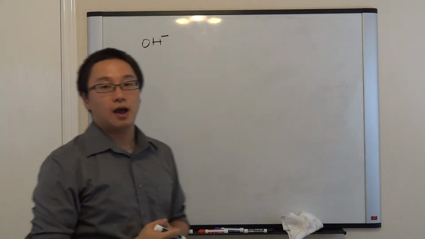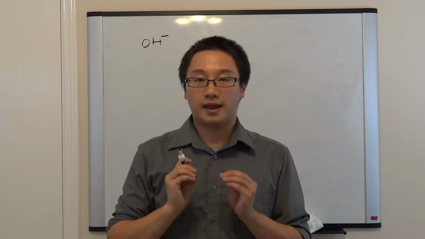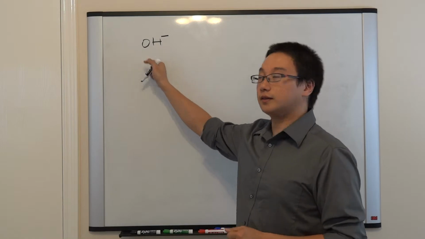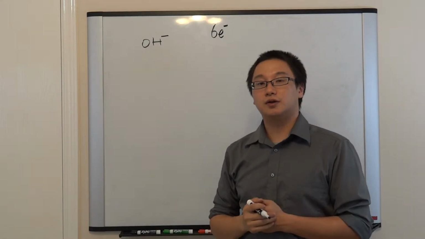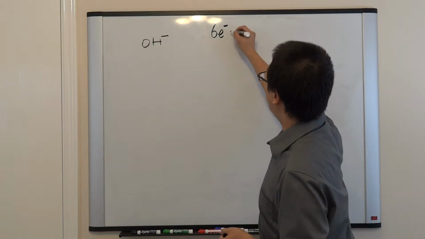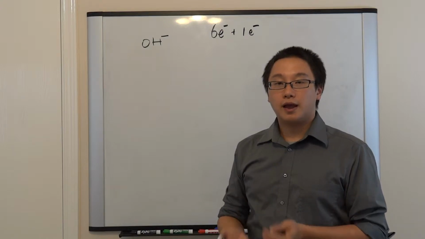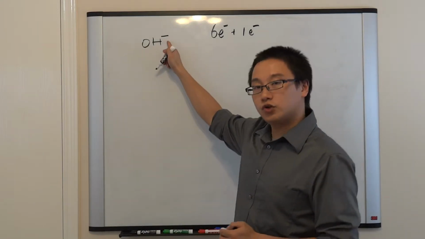Now, when we do the ions, you have to be very careful with the electron count on the valence electrons. For oxygen, there are 6 valence electrons. For the hydrogen, it has 1 valence electron. Now, are we done here? Well, not yet. We have to take care of the charge.